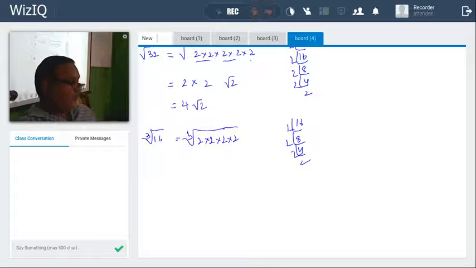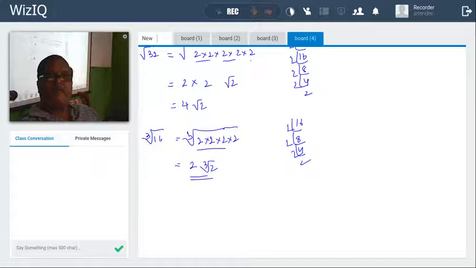So then cube root, for every three numbers, one number will come out. So three numbers, one number will come out: cube root of 2. You understand? Fourth root means for every four same numbers, one number will come out.